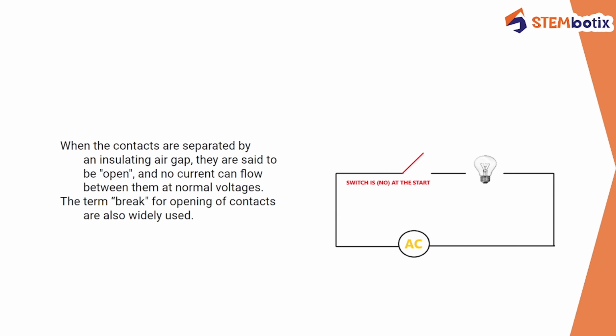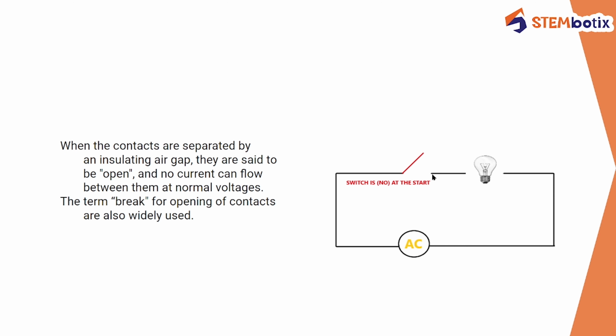Means the external circuit or load circuit does have an open path. Means in this type of mode there is a breakage of path, there is no closed loop. When the contacts are separated by an insulating air gap, they are said to be open, something like this.